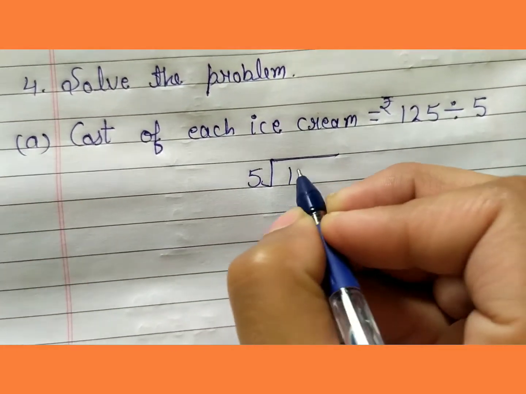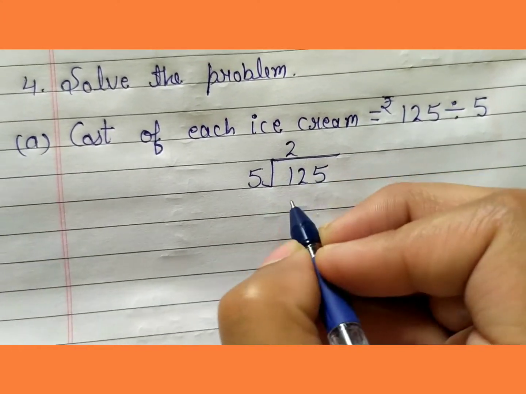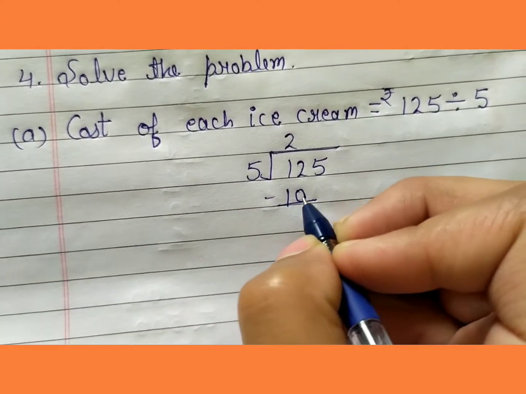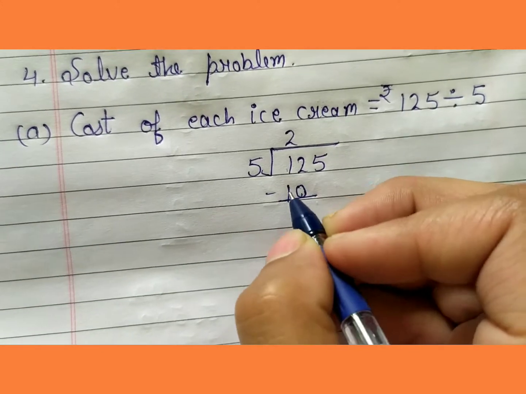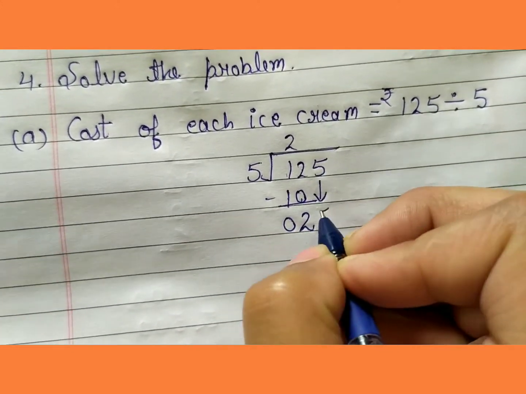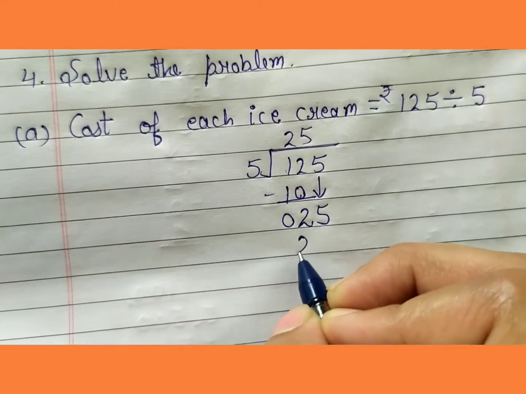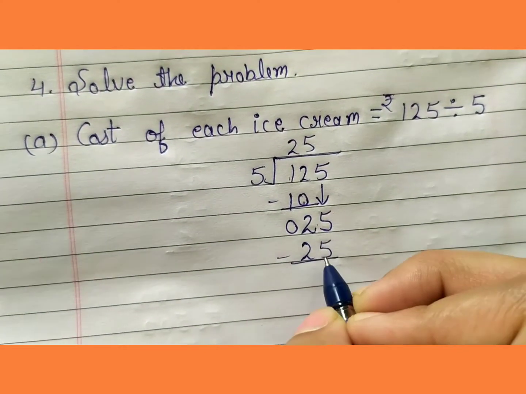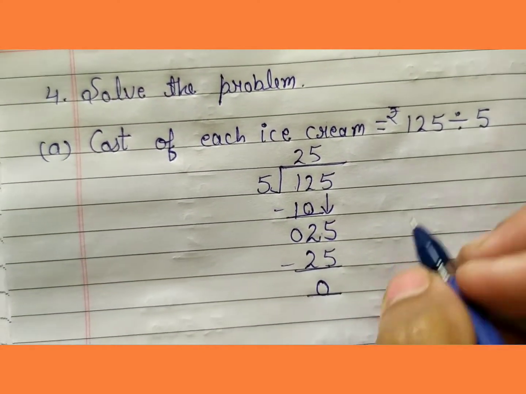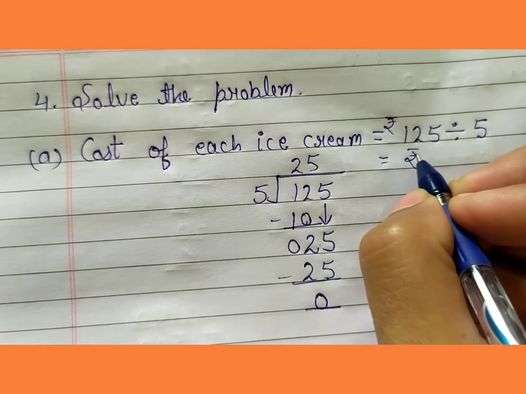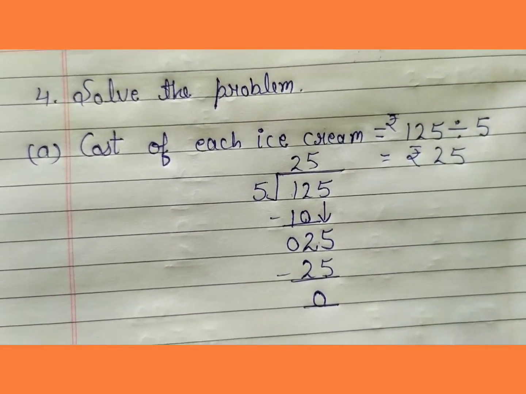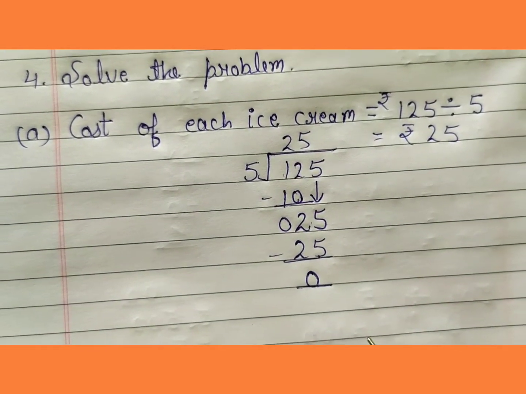Write this numeral in this form. 5 2s are 10. 2 minus 0 equal to 2. 1 minus 1 equal to 0. Write 5. 5 5s are 25. 25 minus 25 equal to 0. Your answer is rupees 25. The cost of each ice cream is rupees 25.